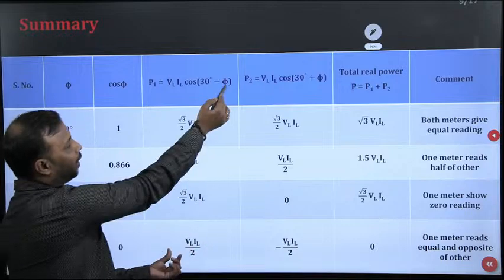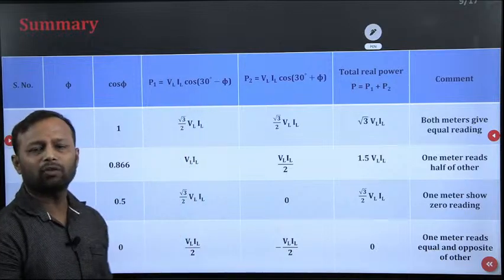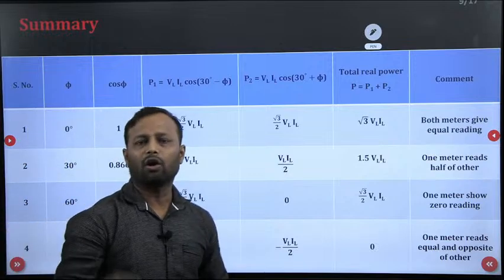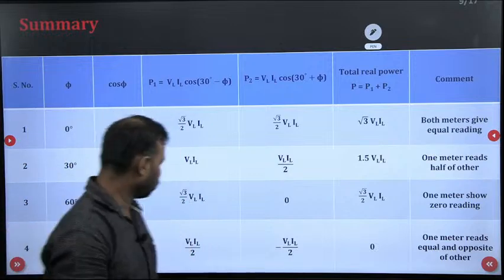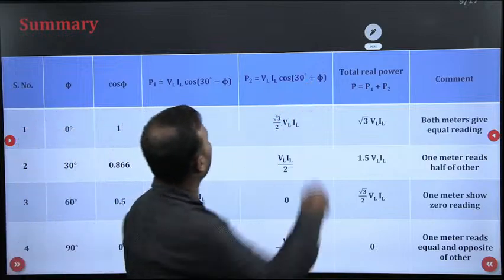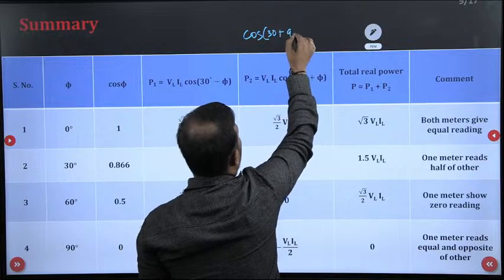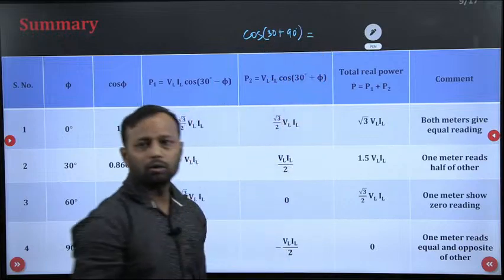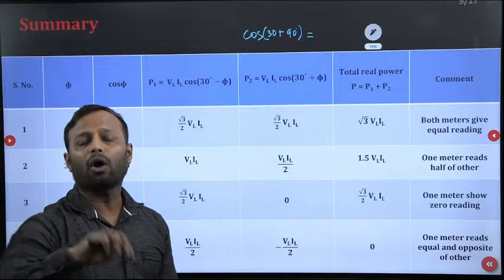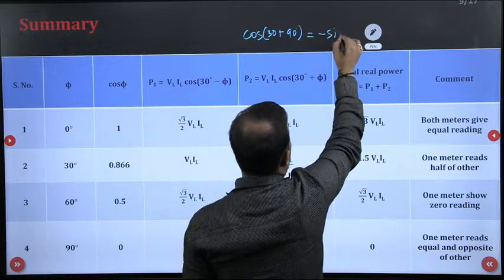So right here, for 90 degree, cos(30 minus 90) is cos of minus 60. Cos of minus 60 is cos 60. So cos 60 is half. So VLIL by 2. Similarly here, cos(30 plus 90). Cos(90 plus theta) is minus sin theta.